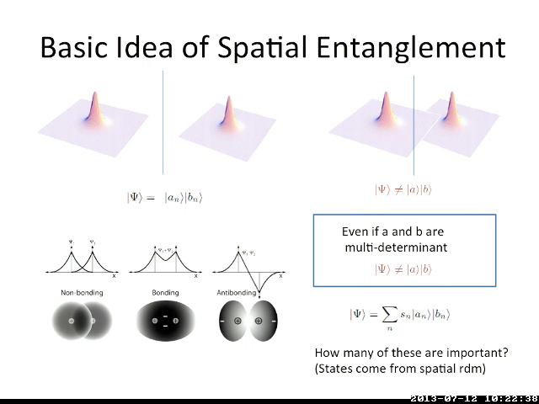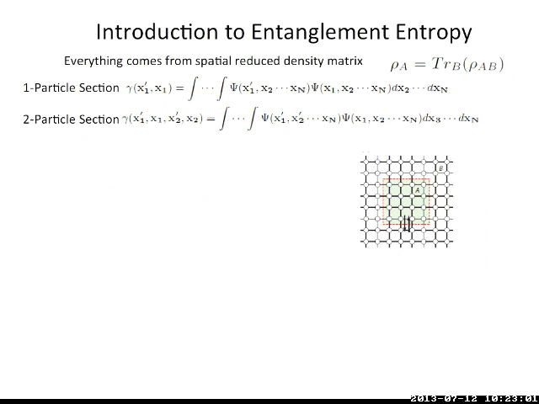That's two disjoint systems in space. It's only when we need a lot of these to write down a good wave function that we start getting entanglement. And these states come from a spatially reduced density matrix, and these S's are also related to that. So I'll show you that on this slide.